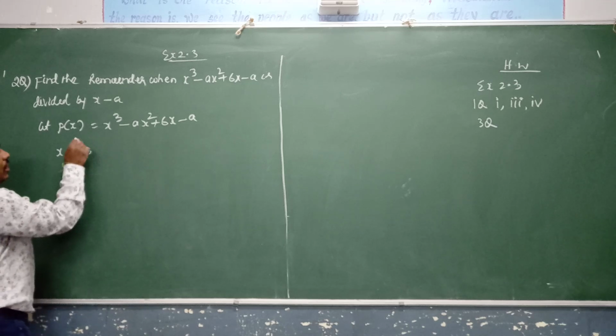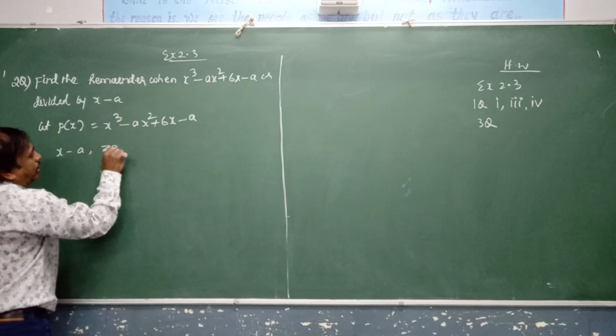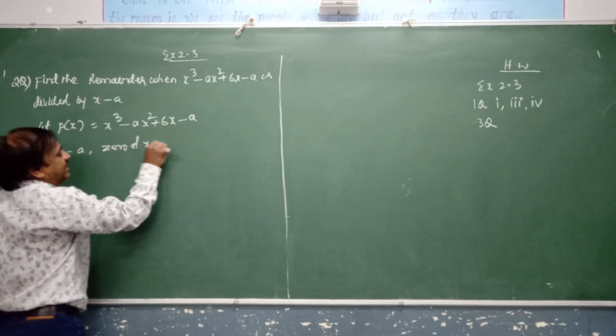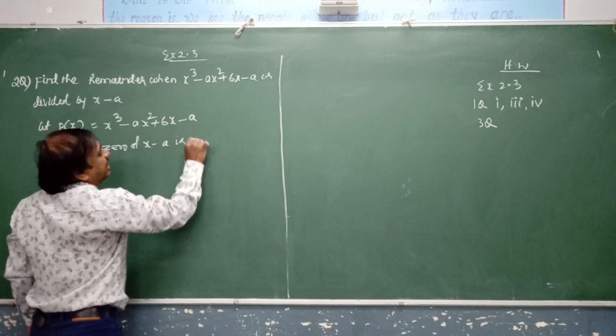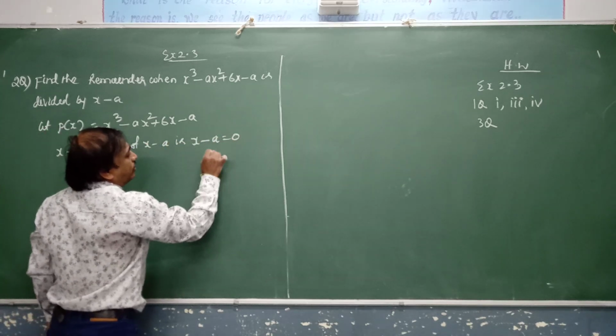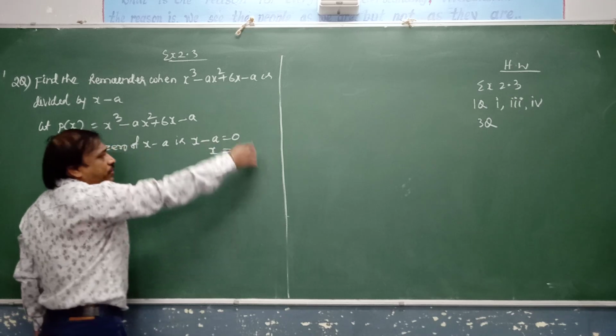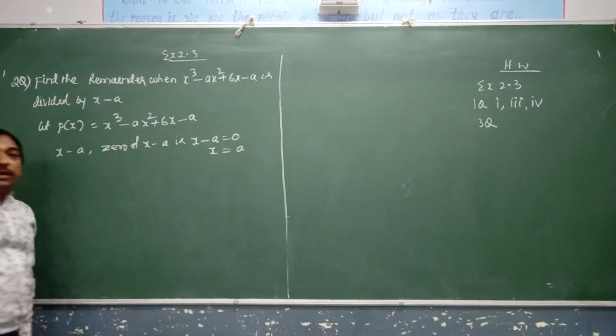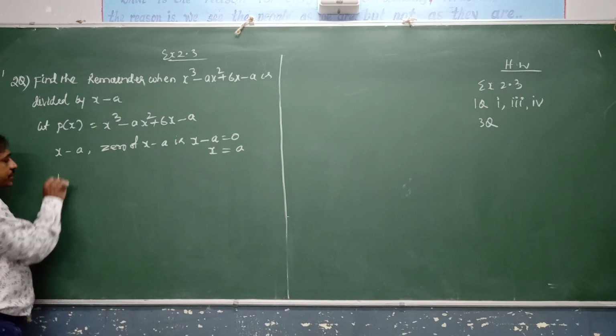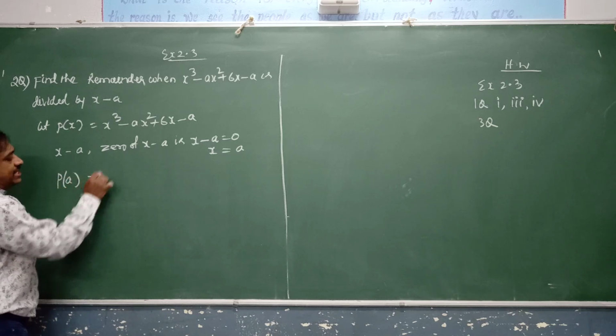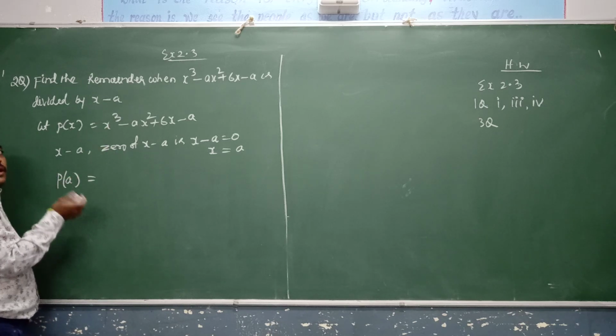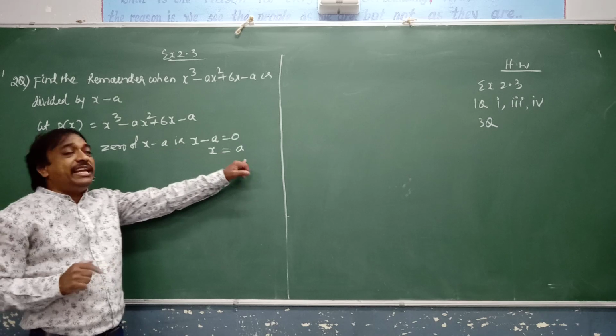So the zero of x minus a is x minus a equals 0. Then x is equal to a, transposing minus a to this side, it becomes plus a. Now we are substituting in this. P of a is equal to, in place of x we are substituting a.